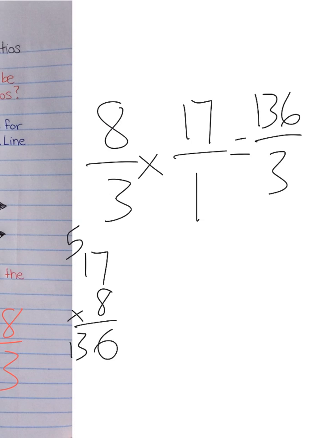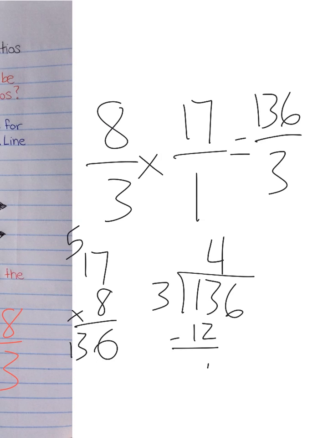So we know that that's an improper fraction that we can simplify. Put the 136 inside the box, divide it by 3. 3 goes into 13 4 times. 4 times 3 is 12. Subtract, bring down our 6. 3 goes into 16 5 times. 5 times 3 is 15. That leaves us with the remainder of 1.